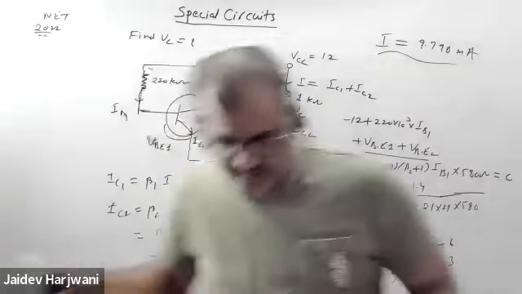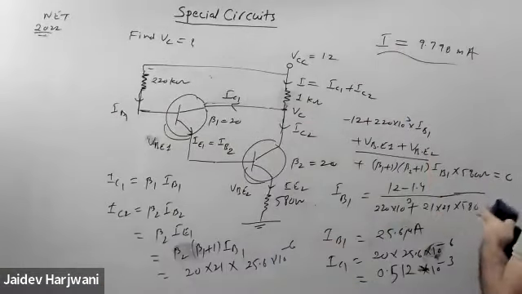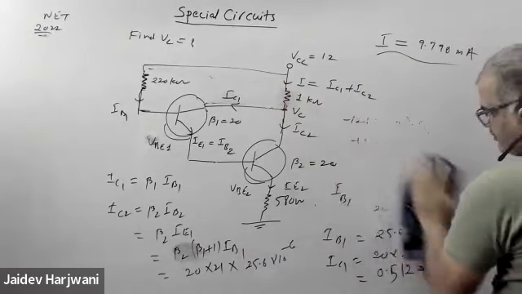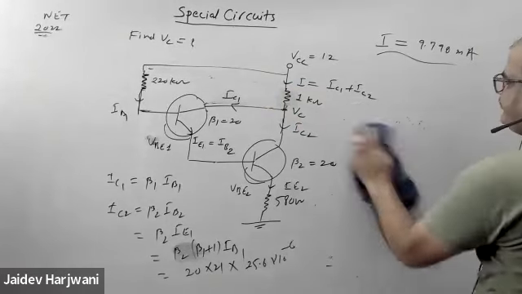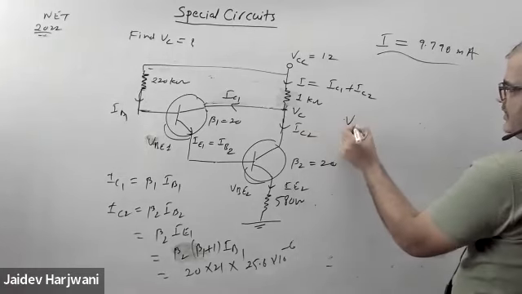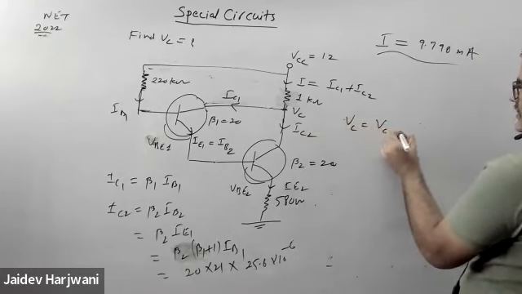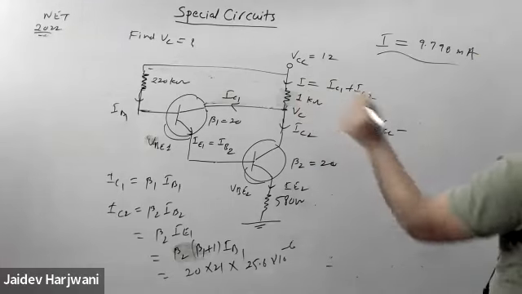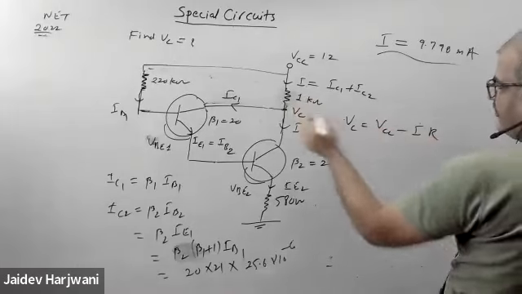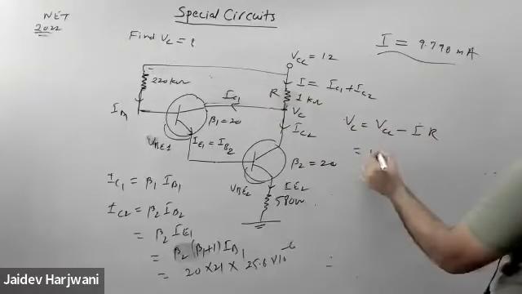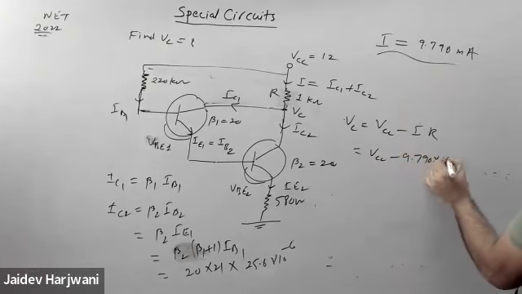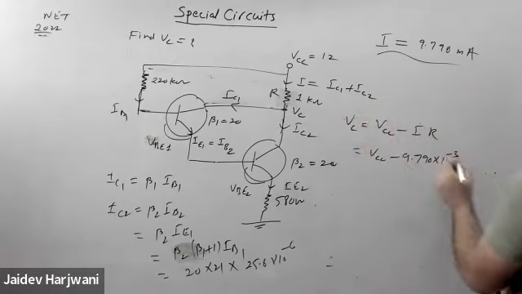So once you know this voltage, 9.7 volt, you can easily calculate what is this voltage drop. So you can find the voltage drop here. VC will be nothing, simply VCC minus, you are saying this is I, I into R. If I call this R, so VCC minus I, which is my 9.790 milliampere, and R is my 1 kilo ohm.